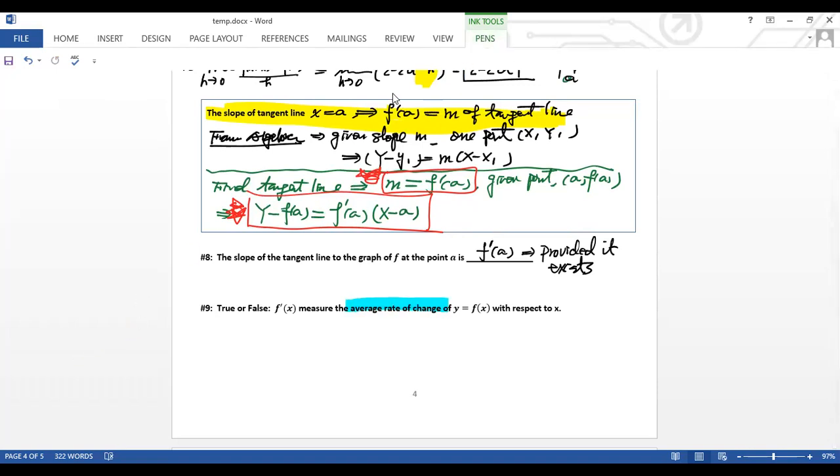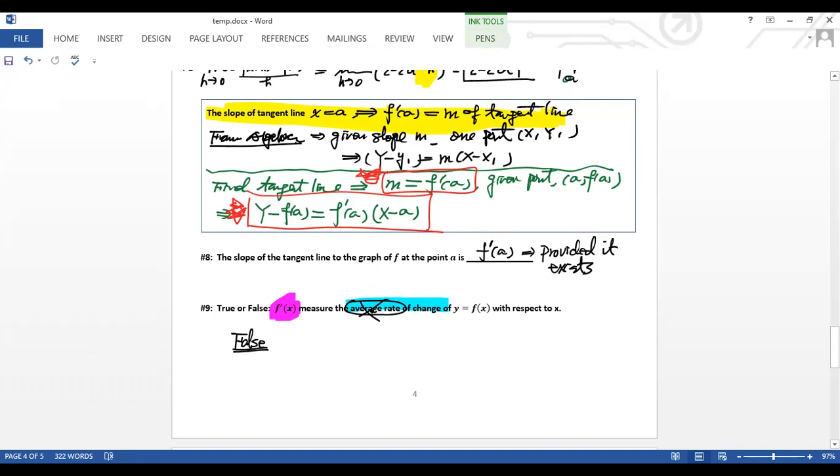So what do you think? F prime x, we know the derivative is the slope of the tangent line, so it's not the average, right? So this is false.